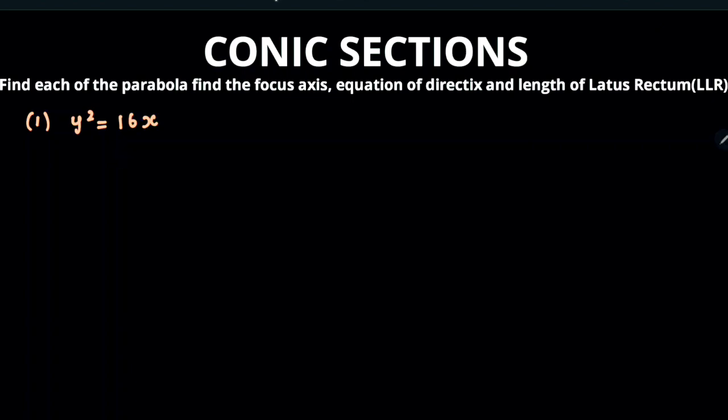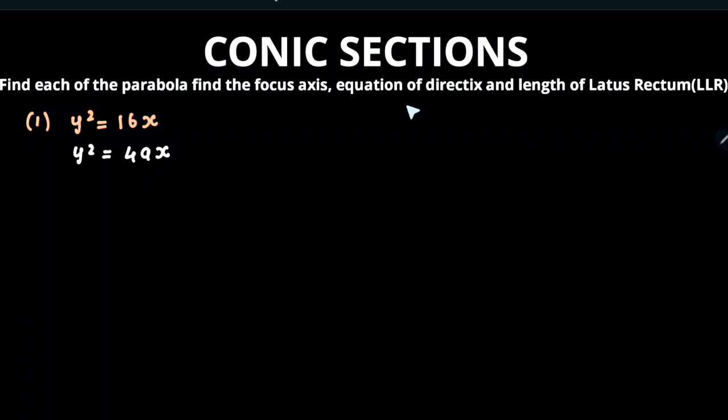So here is the question. Y square is equal to 16x. So what is the form? If it is plus 16, then y square is equal to 4ax. I told you before, we have to use these forms to solve the problem. So it is of the form y square is equal to 4ax.